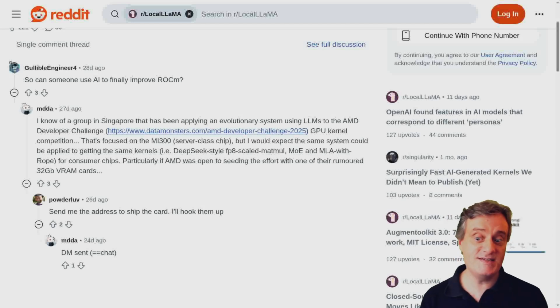And this user, from what I can determine, is the AMD open source advocate, who hangs out around these discussions and has suggested that he'll be able to hook me up with a nice AMD card when they're available. We'll see whether AMD follows through. I'm keeping my fingers crossed.